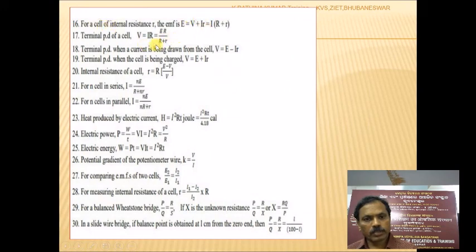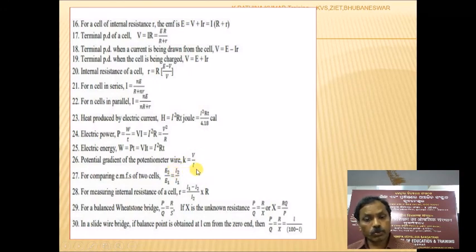Terminal potential: when current is drawn from the cell, V = E - Ir; terminal potential difference when charging, V = E + Ir; the internal resistance; and the cells in series and parallel combination. Heat produced by the current, I²Rt, measured in joules; electrical power V²/R; electrical energy I²Rt; potential gradient V/L or dV/dl.